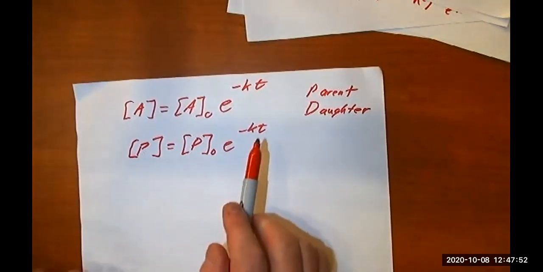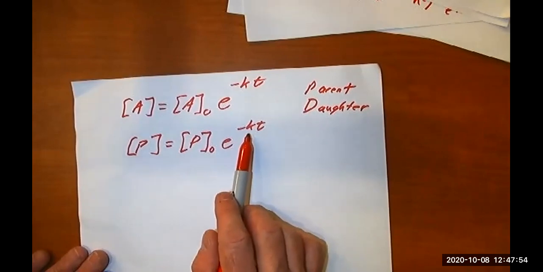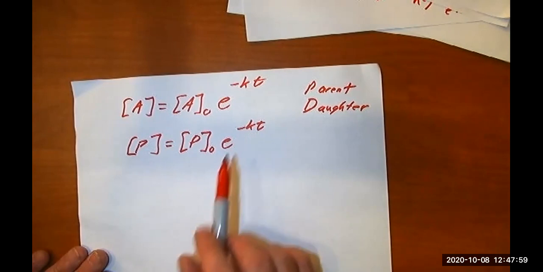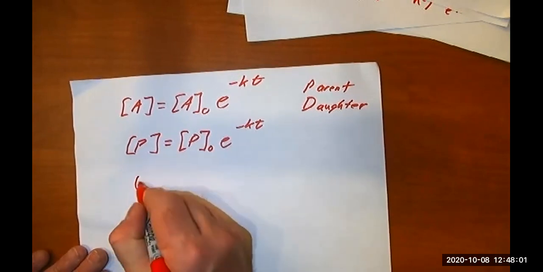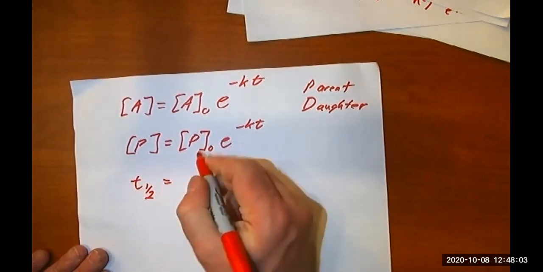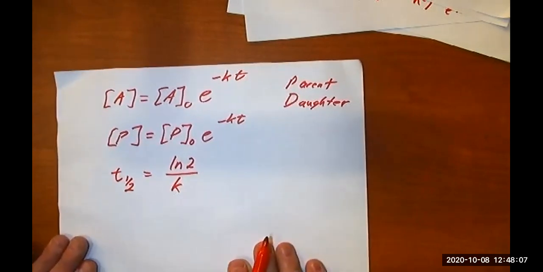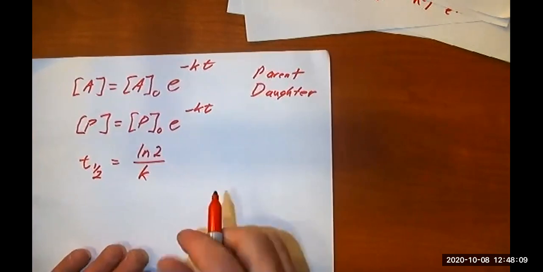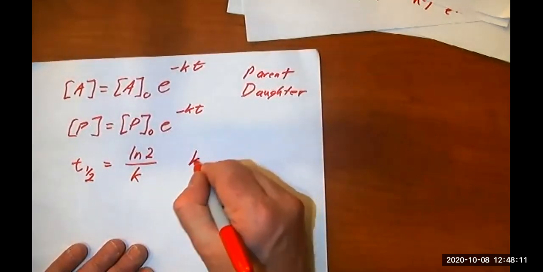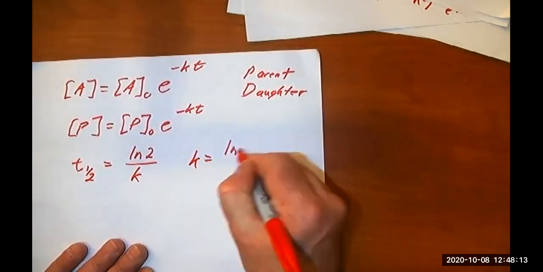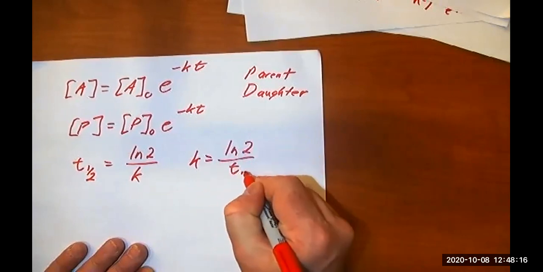And what we want to do as well is to find an expression where instead of using the K, we are using the half-life. And so remember, for a first order reaction, we found that the half-life equals the natural log of 2 over the rate constant, which means that we can solve this for K to be natural log of 2 over T1/2.